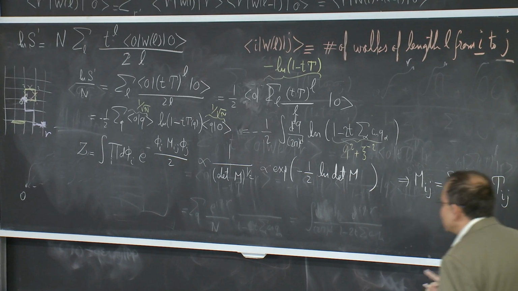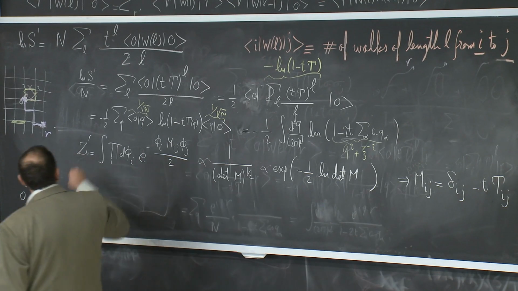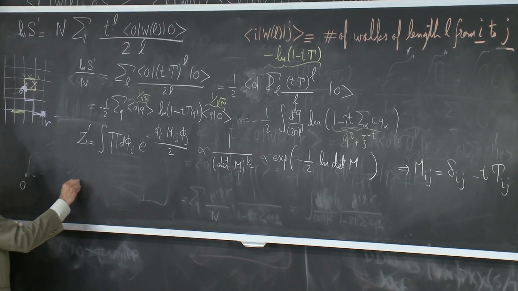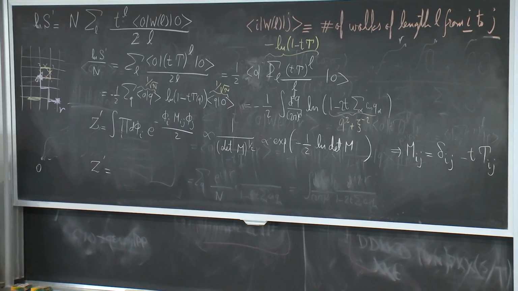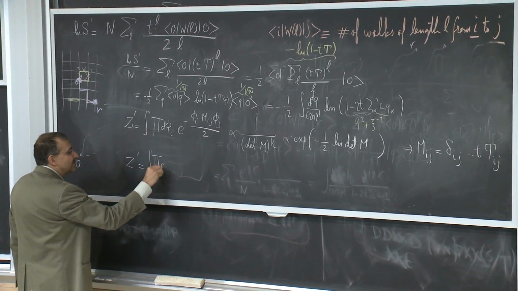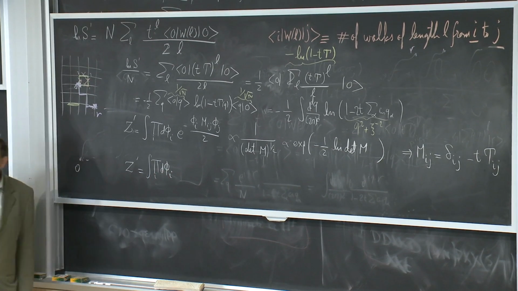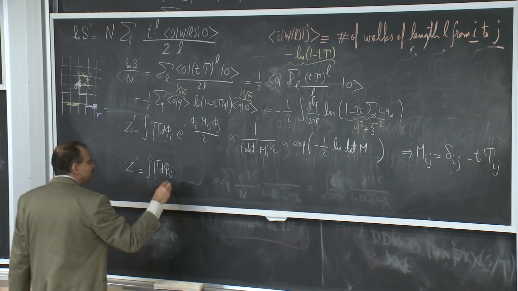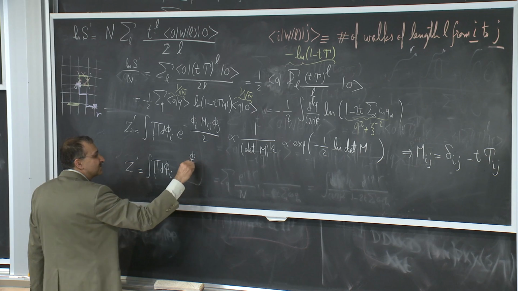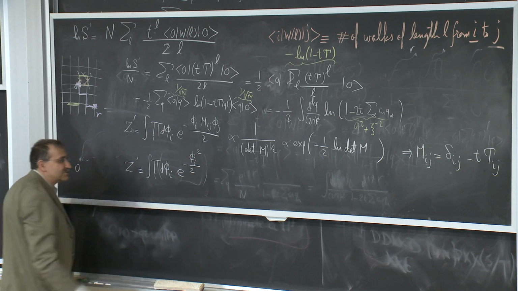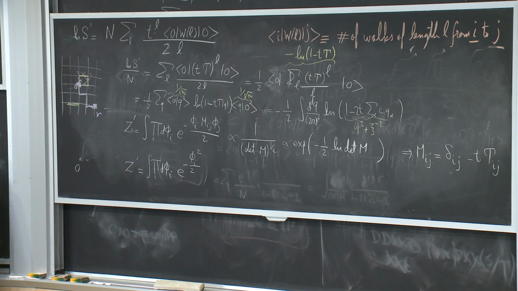So indeed, the partition function that I calculated, that I called Z prime or S prime, corresponds to doing an integral over phi_i's from the delta_ij. Essentially, for each phi I would have a factor of e to the minus phi_i squared over 2. So essentially, I have to do this.